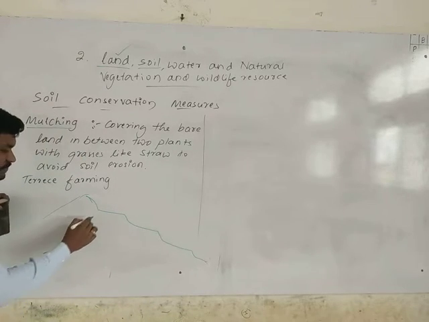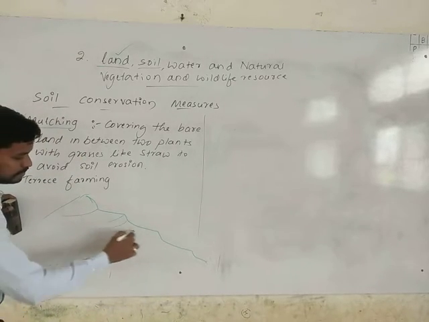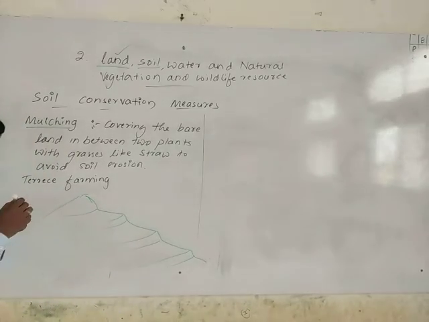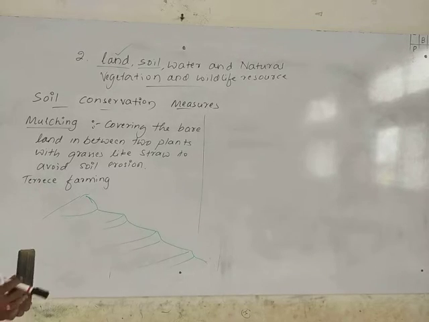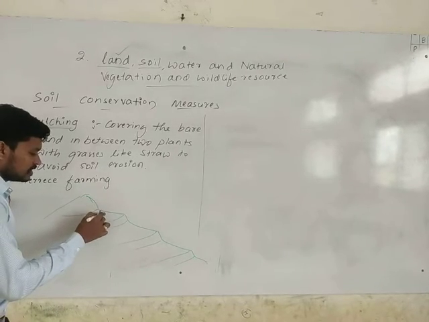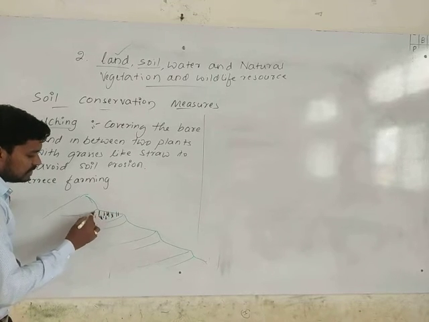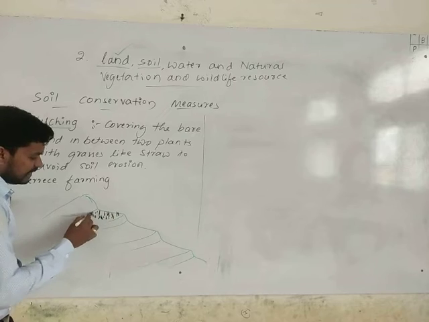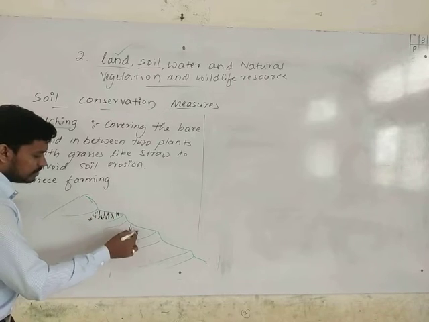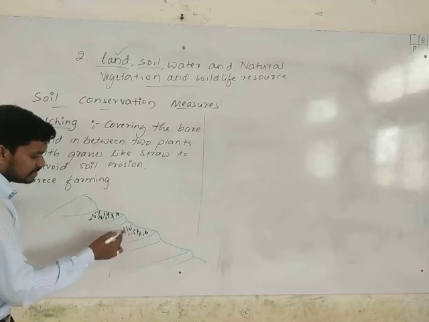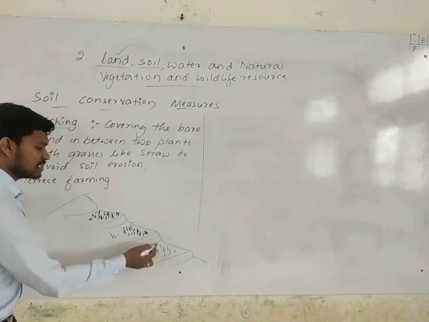In this area, we can grow crops. You can use this flat area. It will be flat, isn't it? The flat area is created manually, artificially, in a steep or gentle slope in the hilly regions or mountain areas. So it's called terrace farming.